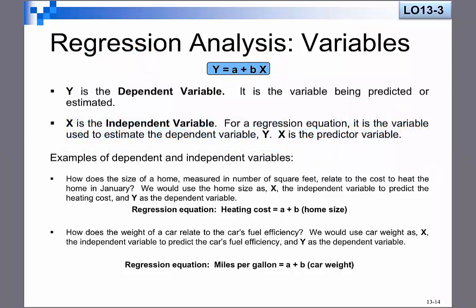Keep in mind, it's very important to remember that Y is the dependent variable. Y depends on how X changes. X is independent.